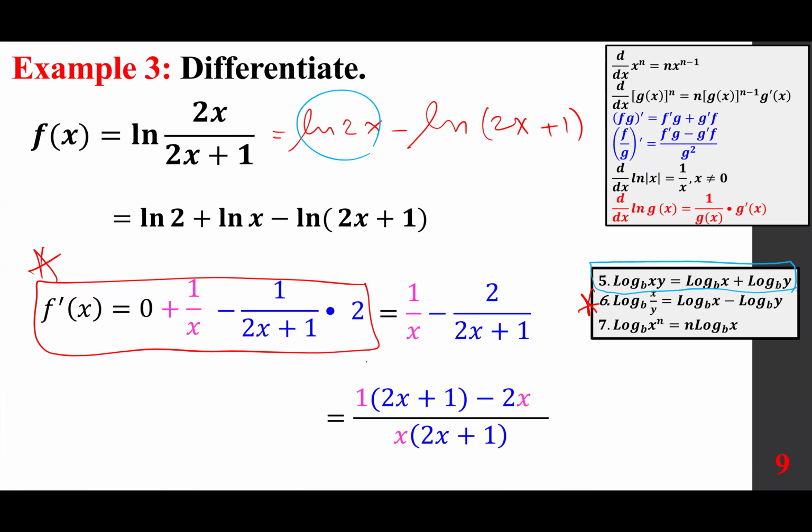So we get 2x plus 1 minus 2x, which cancel each other. And the final answer is f prime of x equals 1 over x times 2x plus 1. As you can see, decomposing it first makes it very easy, one easy calculus step.